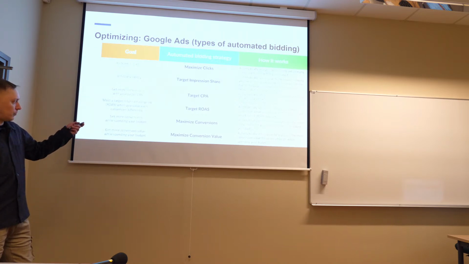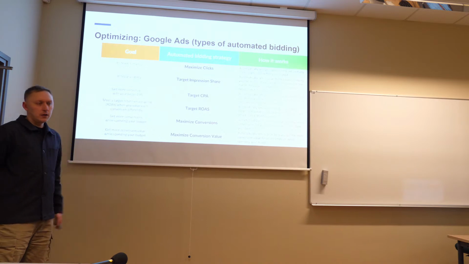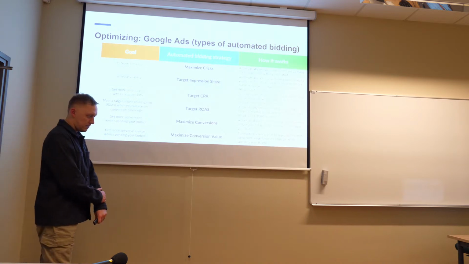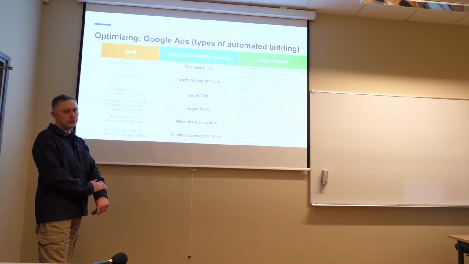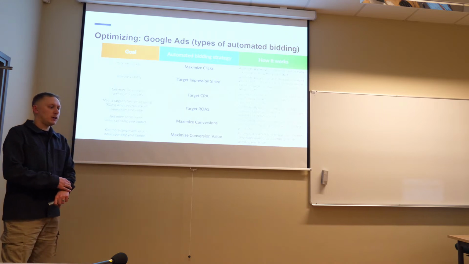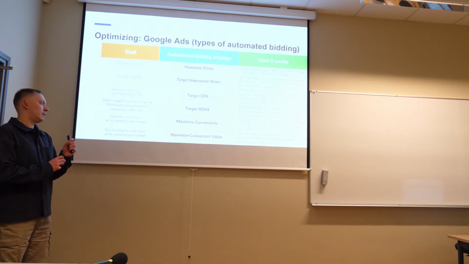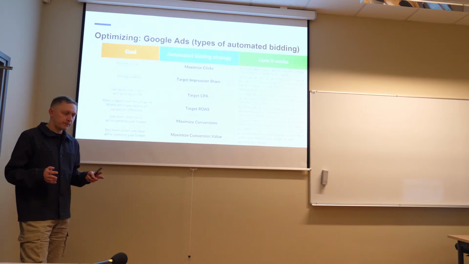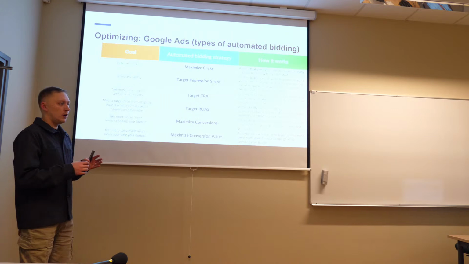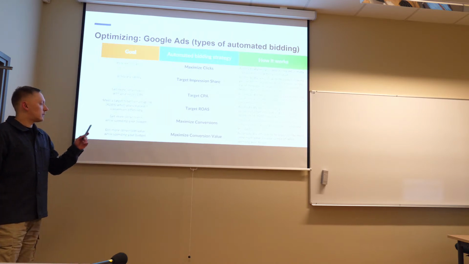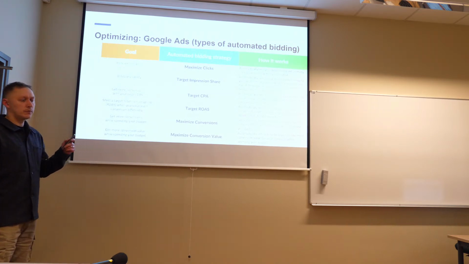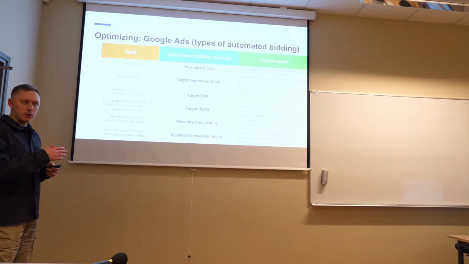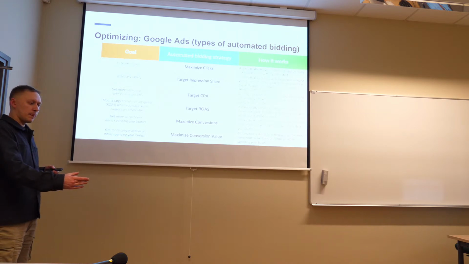These all can be conversions, and if it helps your business, then just optimize towards these things. And then there is also maximize conversion value, which is maybe the trickiest one to use. The ideal way to use it is that you have the e-commerce plugin set up on your Google Analytics account, and the revenue, like I showed you before, reaches Google Ads.